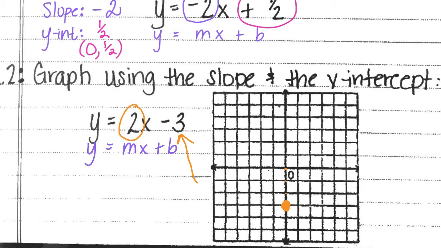From there, I'm going to graph my slope up 2 over 1, up 2 over 1. And my graph is going to look like this. Now notice we put arrows and we draw. If you want to use a ruler or a straight edge or a side of paper, that's fine as well. So I just graphed y equals 2x minus 3.